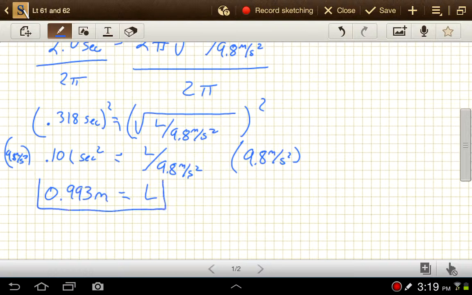So just shy, just a tiny bit shy, 7 millimeters short of 1 meter for a grandfather clock to have a period of 2 seconds, or 1 second back and 1 second forth. I wonder if there's significance to that relationship.